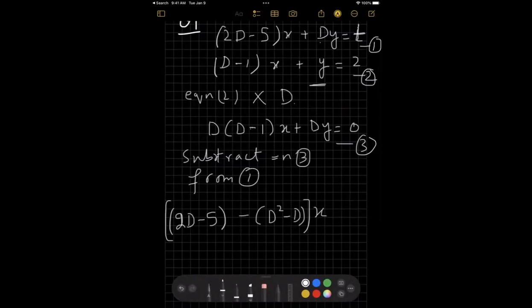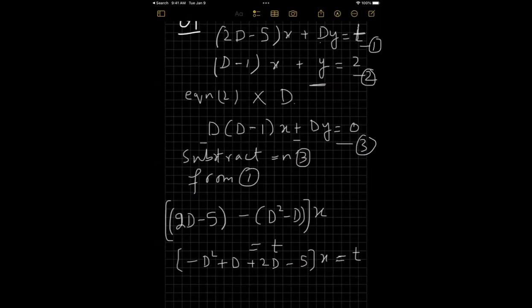Keep an eye on the mistakes. Dy will be cancelled and it equals t. So this is minus D squared plus D plus 2D, which equals 3D minus 5, x equals t.